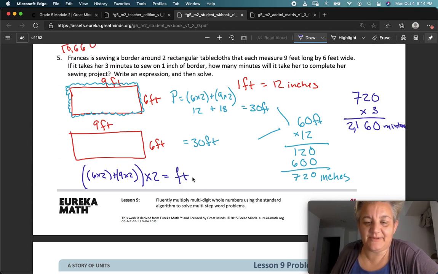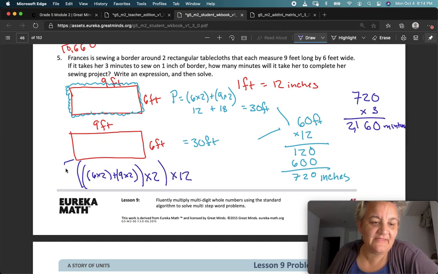Then we take that number and we multiply the whole thing by 12, and that'll give us inches.